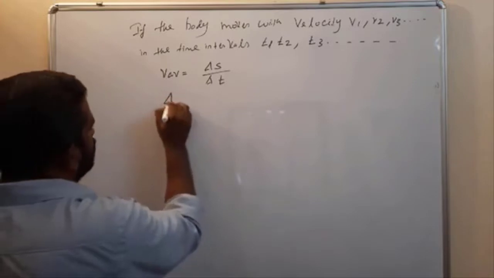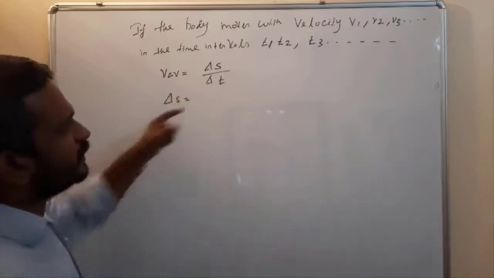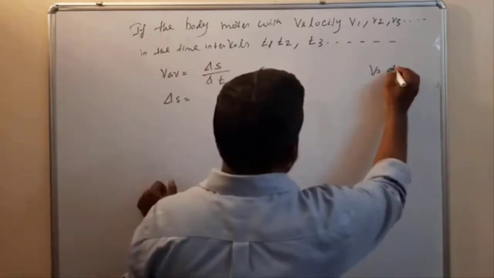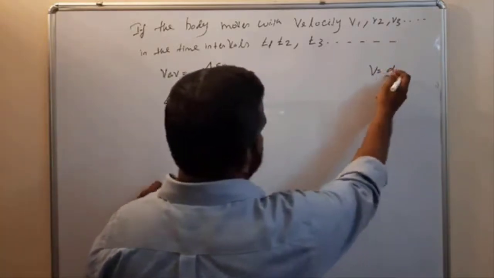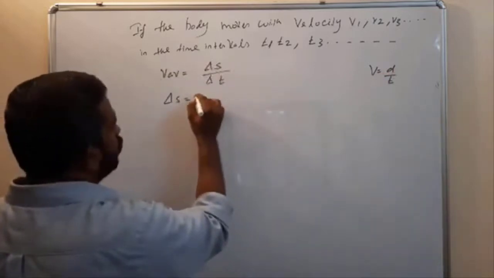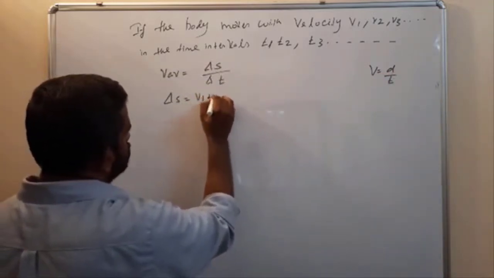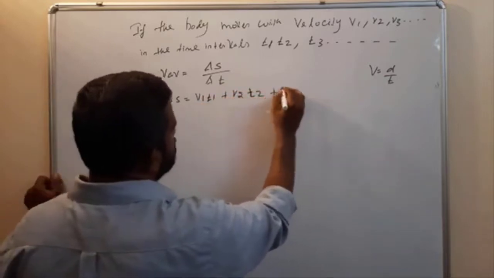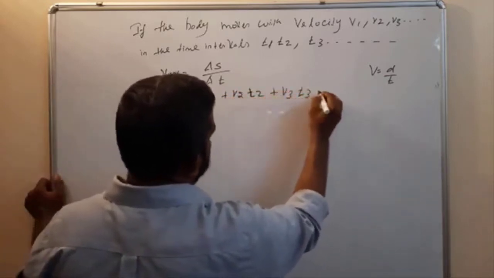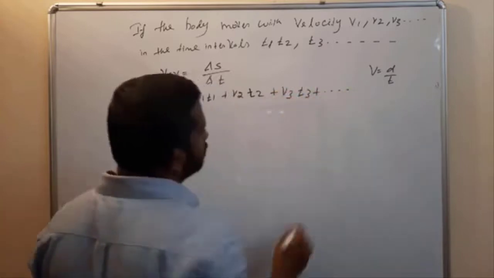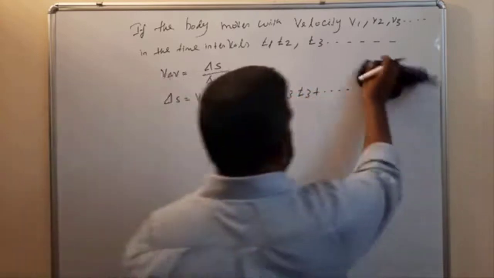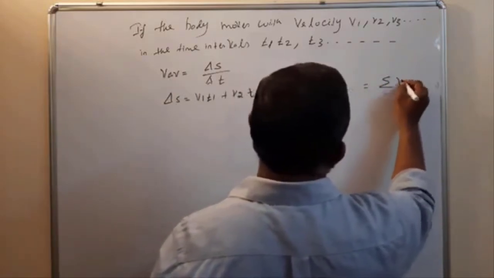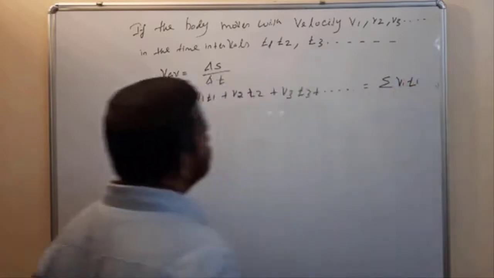Okay, so delta S is equal to, here the distance is not given. So V is equal to d by t, so distance is equal to V into t. So V1 t1 plus V2 t2 plus V3 t3 plus etc., that's equal to summation Vi Ti.